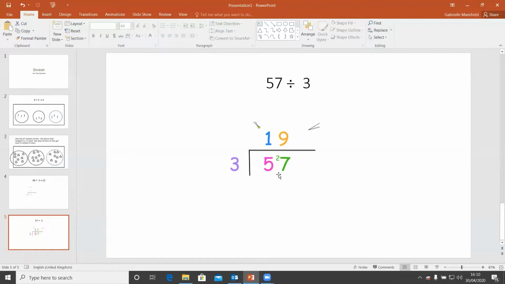I have 9 fingers on my hands, so I have written 9 here. So 3 goes into 57 19 times. The only difference is that 3 does not go into 5 straight away, so I have to carry over the extra numbers to the next number.